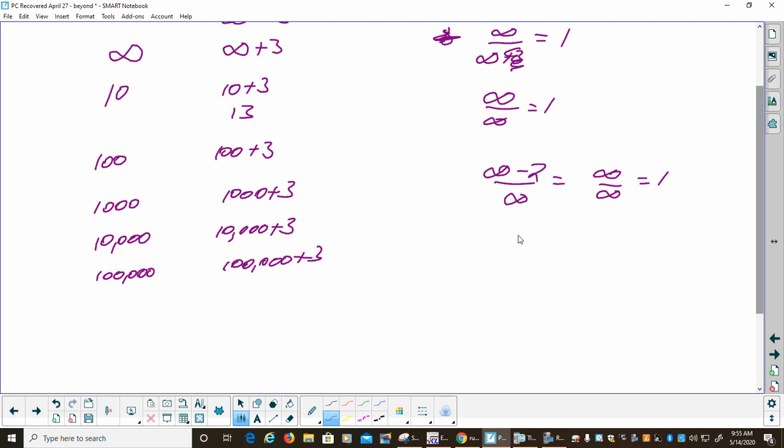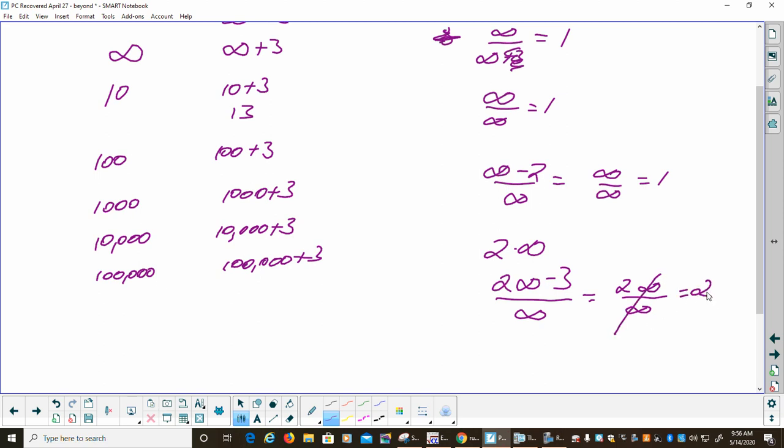Not trying to complicate it. If I had 2 times infinity minus 3 over just plain infinity, I can ignore this subtracting 3. 2 times infinity over infinity, this cancels out and leaves you just 2.